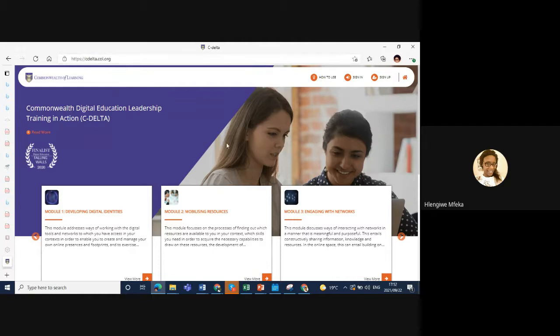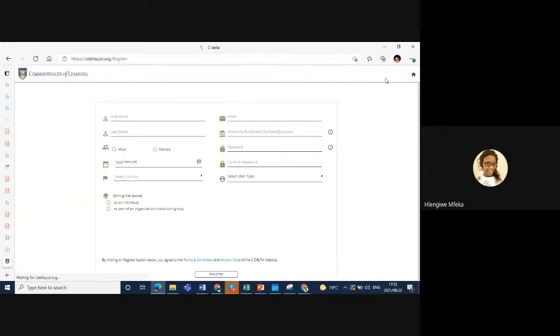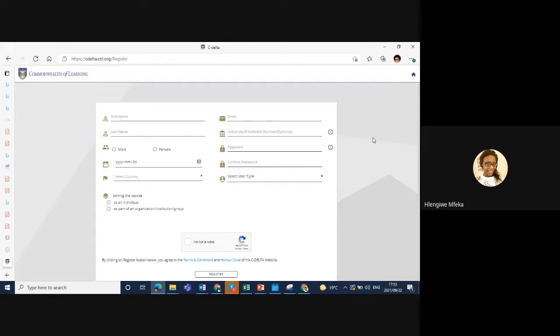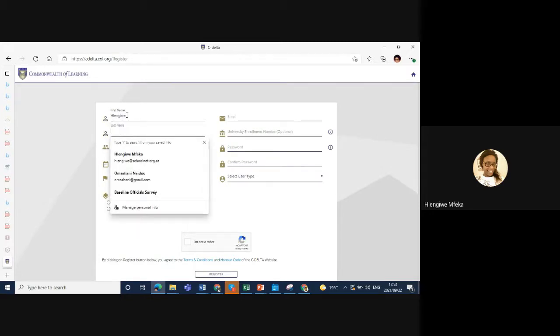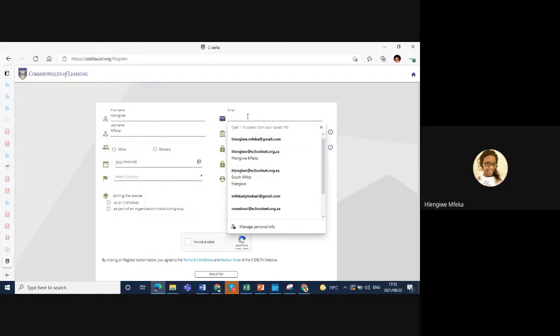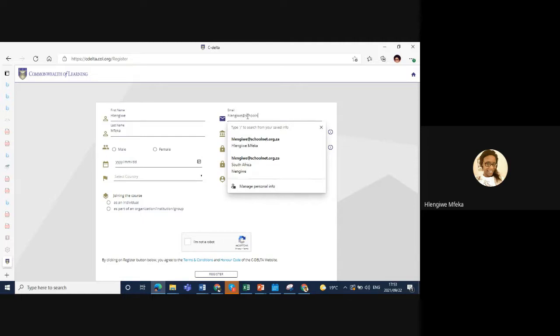So you will be here, then you click on sign up. If it is your first time, you haven't registered before, so you click on sign up. This is the form that you need to complete. My name is Hlengiwe. My surname is Mfeka. My email address is hlengiwe@schoolnet.